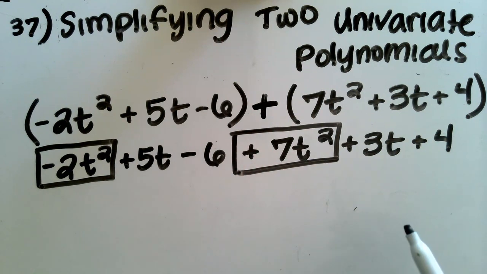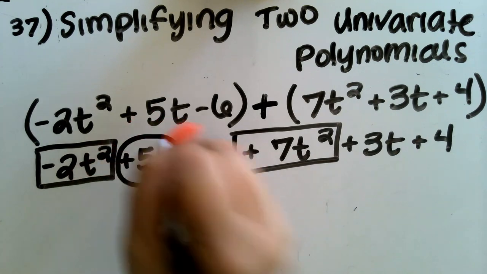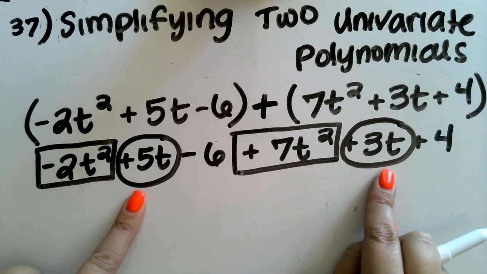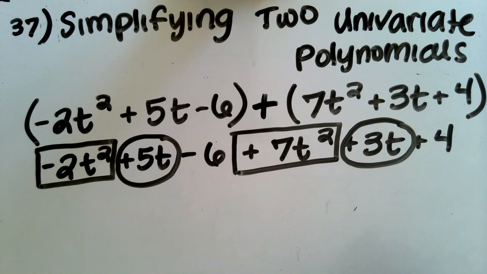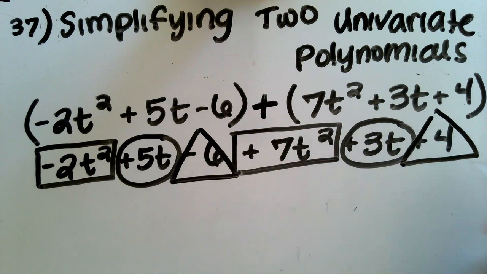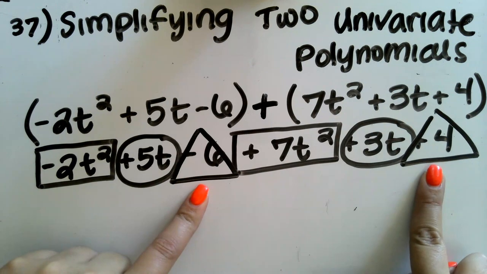Next, I'm going to draw a circle around our terms with the first variables. We have two terms with only that variable to the first power. And then finally, I'm going to draw a triangle around anything without any variables. Now it is my job in the next line to only have one circle, one square, one triangle, okay? We can only combine squares with squares, circles with circles, triangles with triangles.